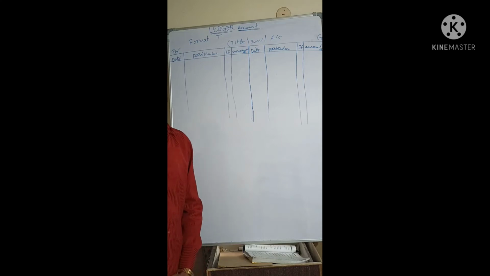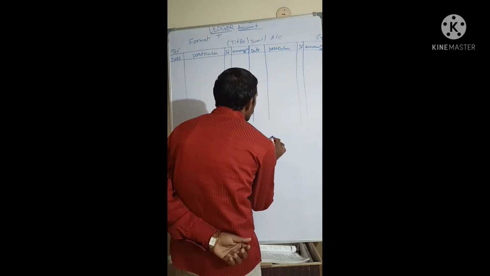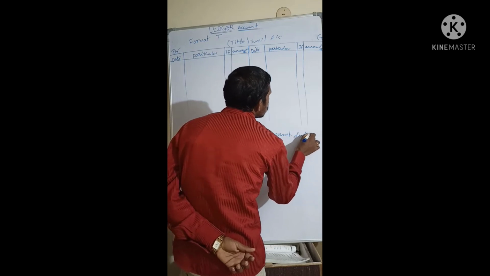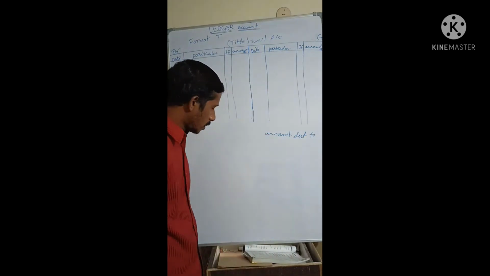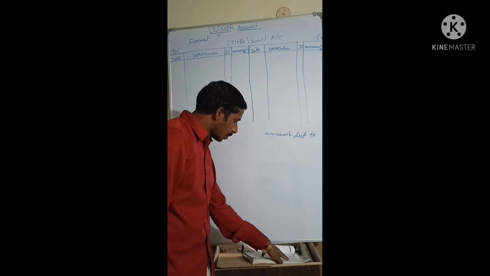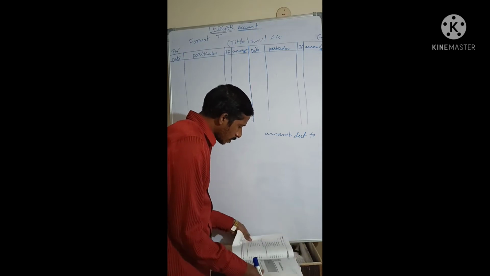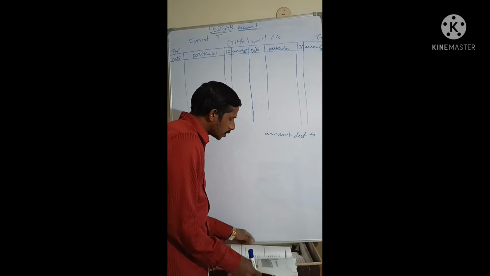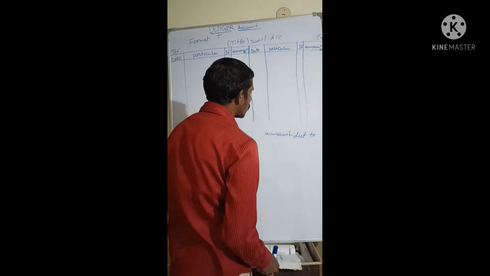Generally they will give in the questions amount due to, amount due by so and so person. If we see amount due to a person, for example, in the sixteenth problem, the amount due to Vamshi is there.